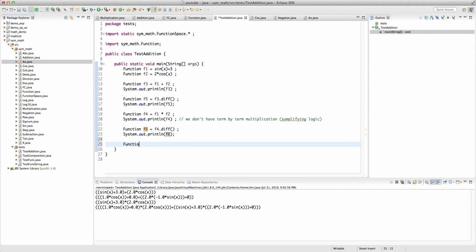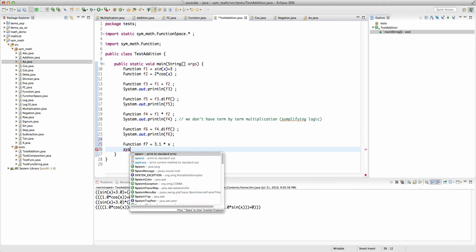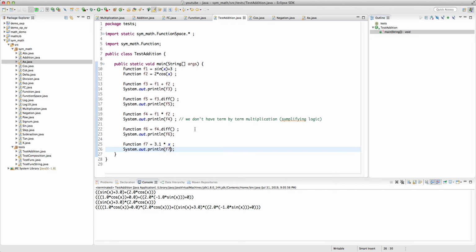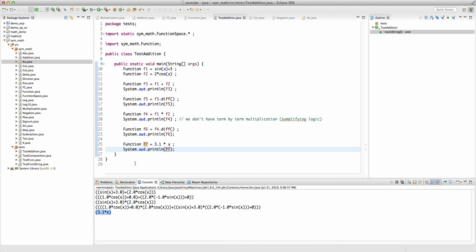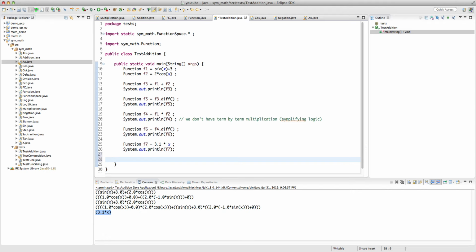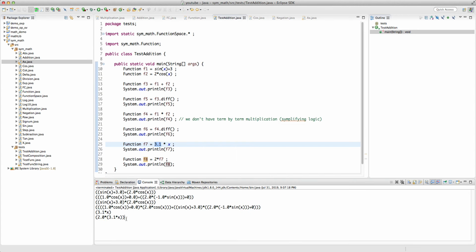Let's say we have function f7 equals 3.1 times x, and we do a sysout on f7. What we get is 3.1 times x. Then if we have function f8 is 2 f7, and do a sysout over f8, it doesn't simplify these numbers, so it just writes 2 times 3.1 times x.